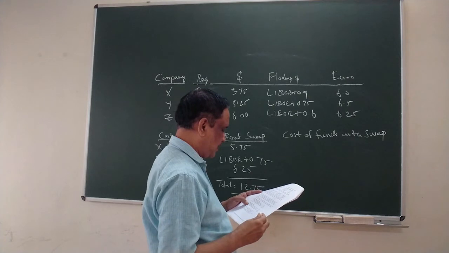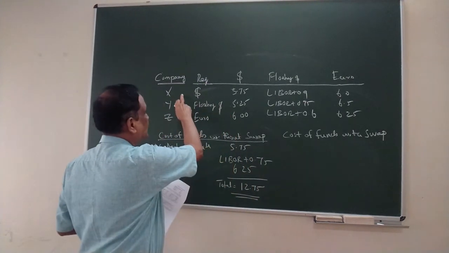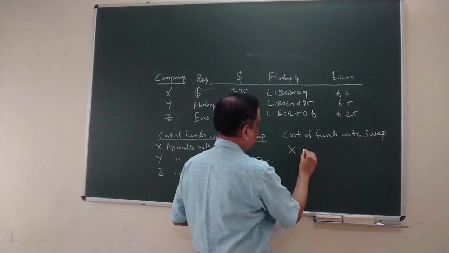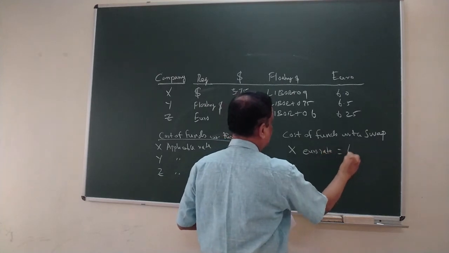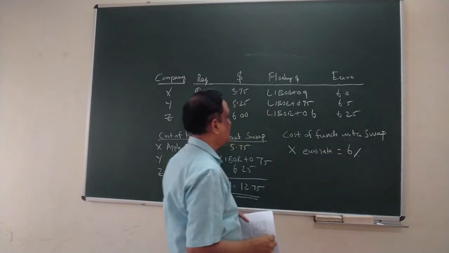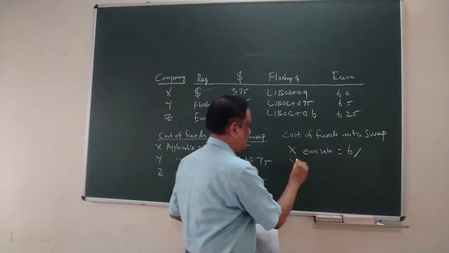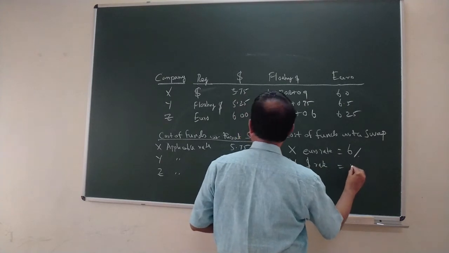For company X, the applicable rate in fixed: X has the lowest in fixed euro. X's euro rate is 6%. Y has the lowest in dollar. Y's dollar rate is 5.25.